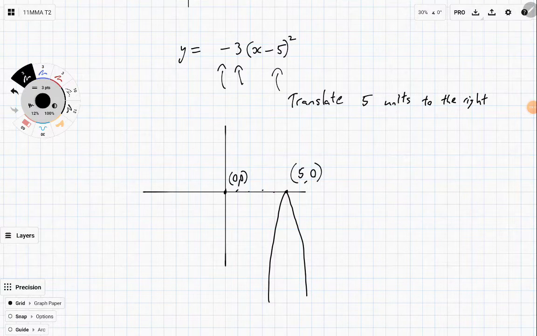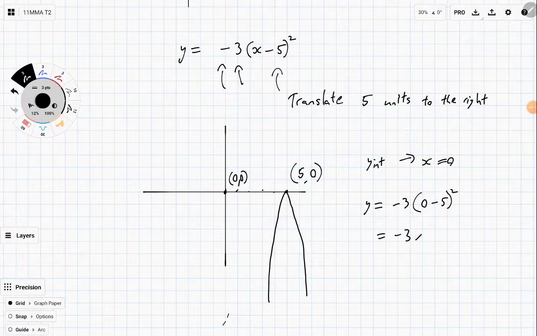Now, if we wanted to find the y-intercept, we know it's going to be down here somewhere. But if we wanted to solve for it, the y-intercept is when x equals 0. So y is then equal to minus 3 times (0 minus 5) squared. 0 minus 5 is negative 5. Negative 5 squared is positive 25.